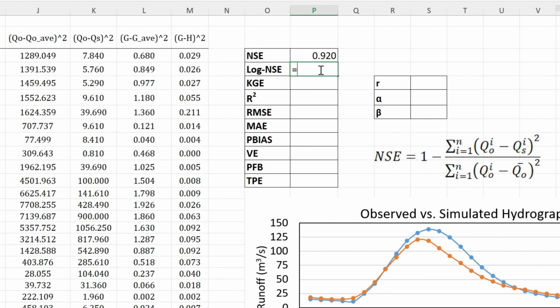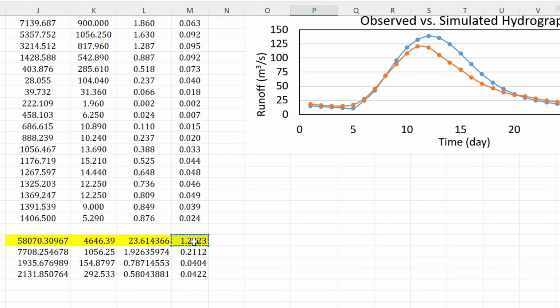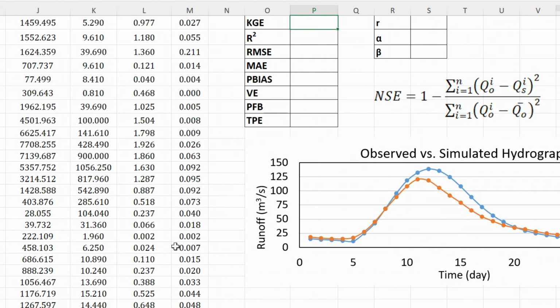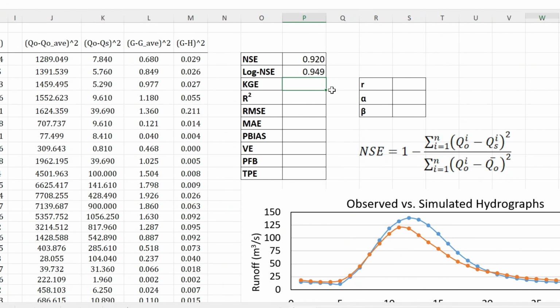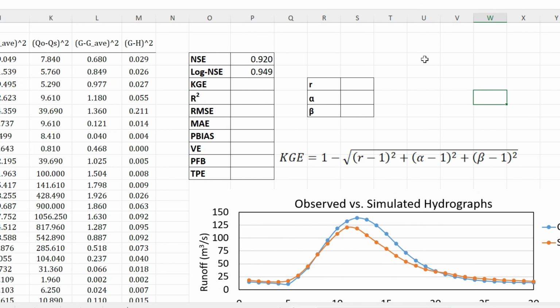So for me it will be 1 minus the summation of column M divided by summation of column L. And that will be 0.949. So as you can see, and as it was expected, the performance in the low flows is relatively better, as visually we inspected earlier. Now we move to KGE.